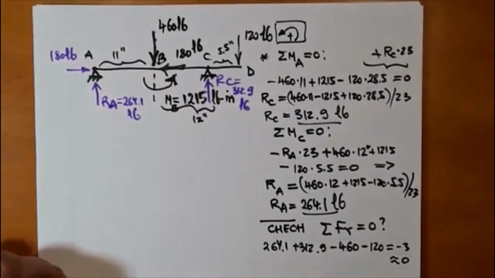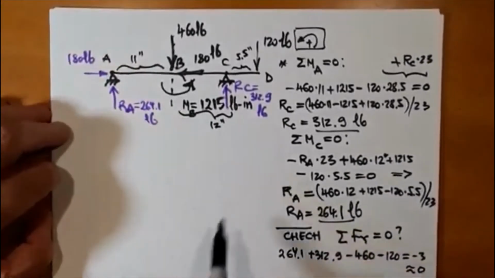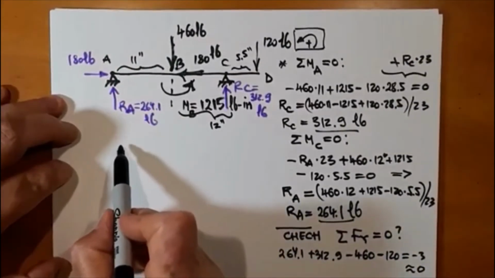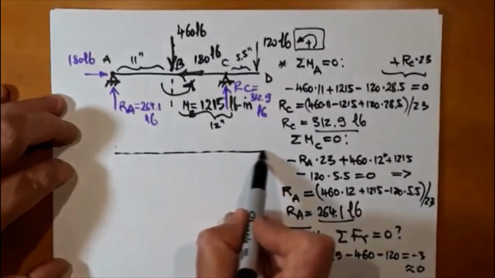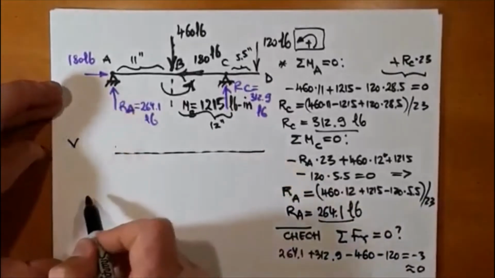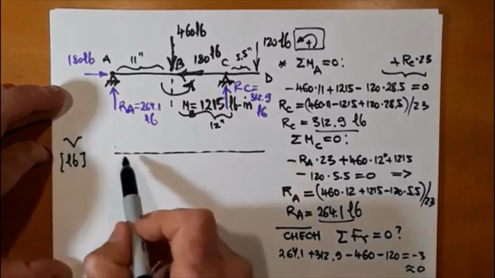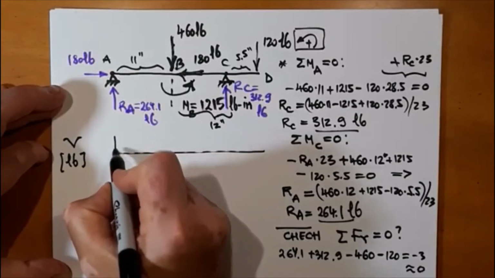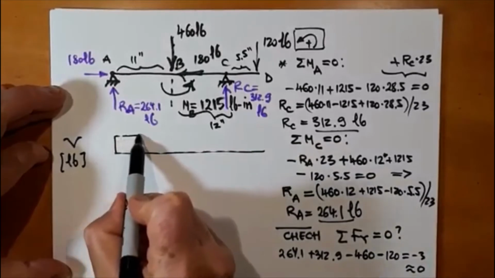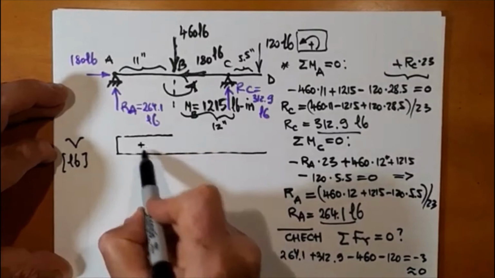Okay, so we have the reaction forces at the supports, and we can proceed and draw the shear force diagram, the V diagram. So V, and units are pounds, units of force. It begins with a positive shear force of 264.1, and this is positive shear.